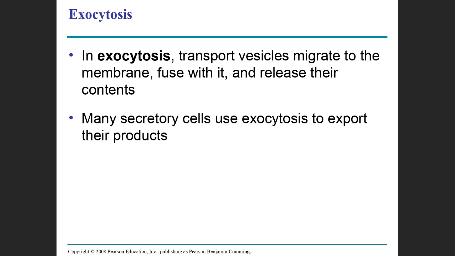That vesicle is carrying substances to be secreted by the cell. And so the vesicle fuses with the plasma membrane so it can release the contents to the external environment, right? But transporting something in a vesicle requires energy.